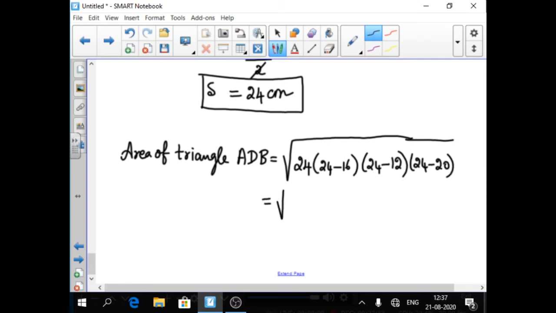So what do you get remaining? 24, 24 minus 16 is 8, then 24 minus 12 is 12, then 24 minus 20 is 4.